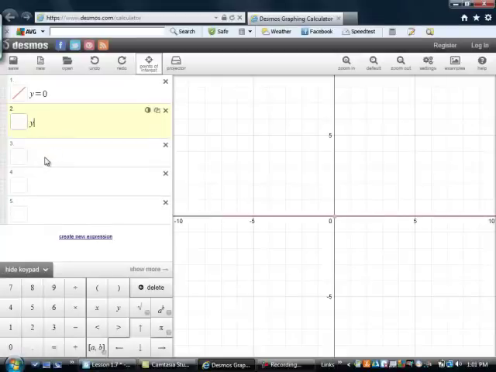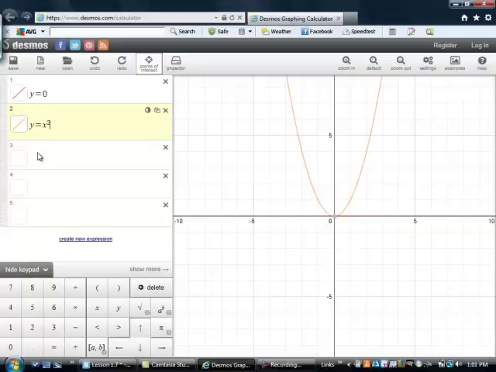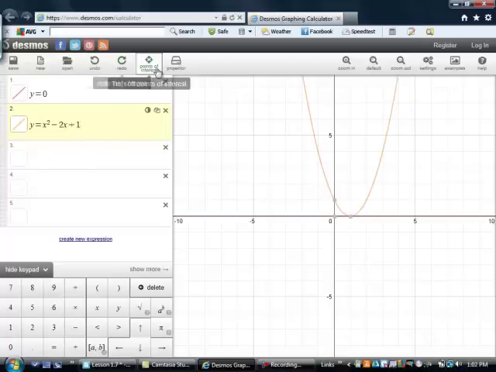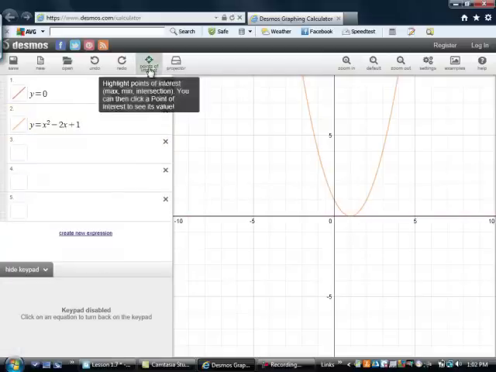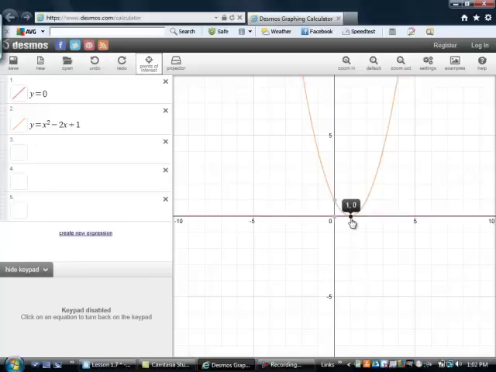So y equals x squared minus 2x, you can see it taking shape, plus 1. And there it is. And if I look at my points of intersection, it intersects what I want to see, which is where y equals 0, only once, at the point 1, 0.